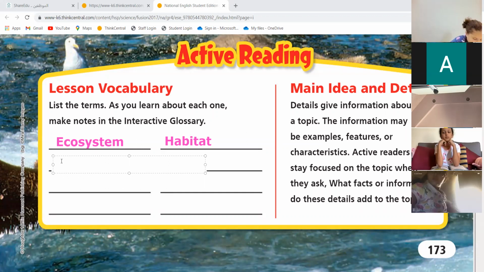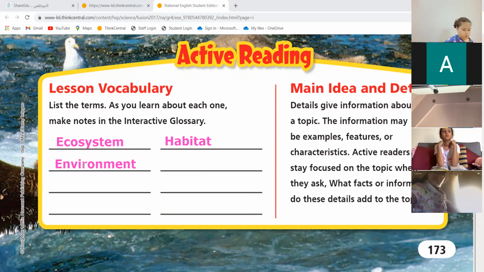The next word is environment. Yes. What's an environment? The environment consists of all the living and non-living things in an area. Thank you, ya Hala.